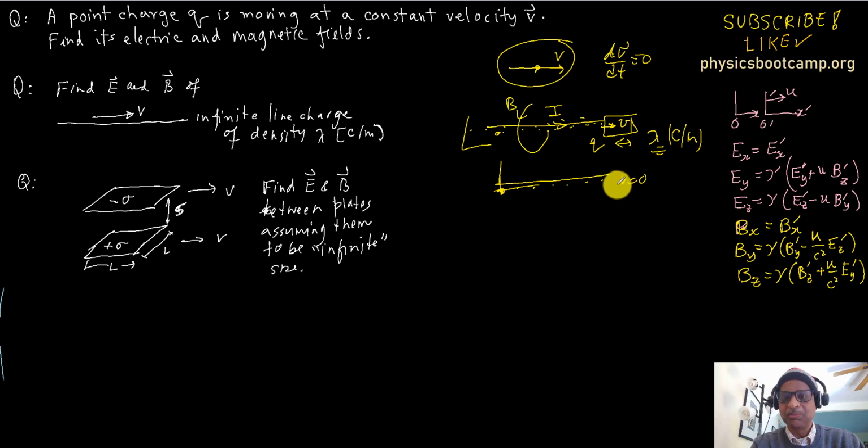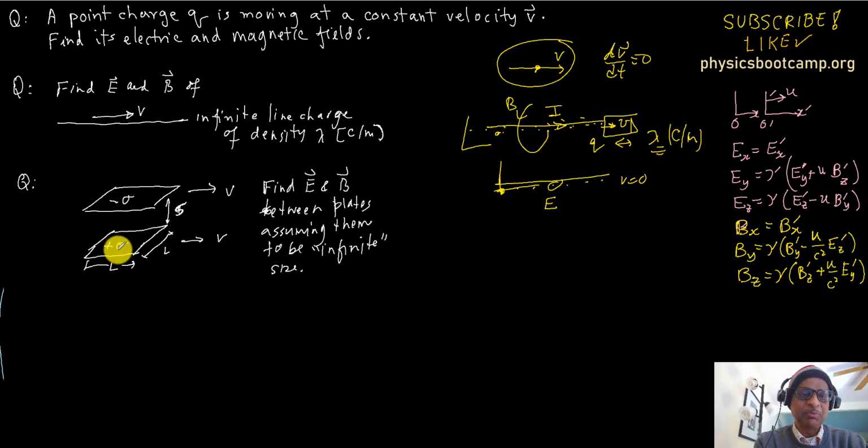So nobody is moving, and here you only see electric field, while over here you can see magnetic field. We should be able to figure out the relationship between this situation and that situation, and that's also relativity.